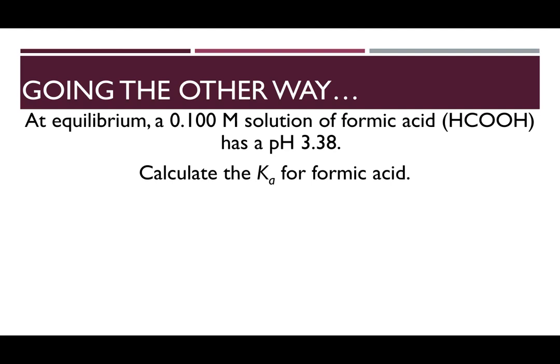All right. So first equation. So formic acid. It's not one of the big five. That's how we know that it's a weak acid. It is going to dissociate in water. Formic acid, being an acid, is going to donate a proton. So we'll be left with this.